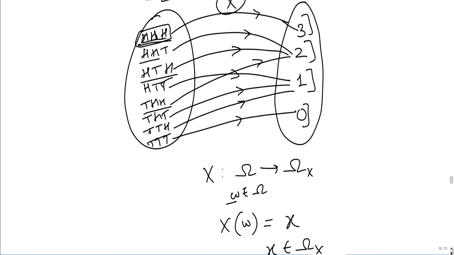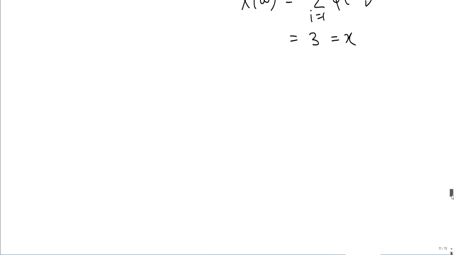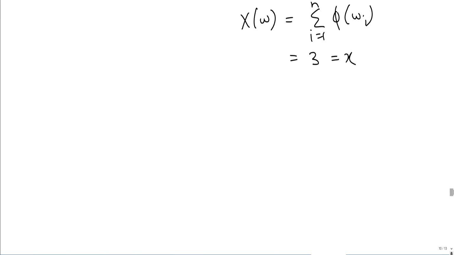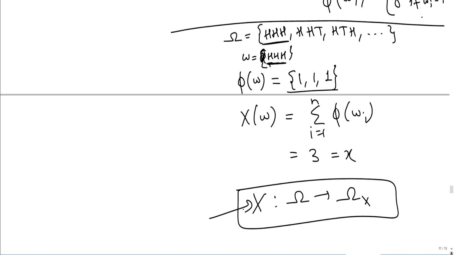So, I have shown how you can write the function mathematically, but intuitively what it means is that you are counting the number of heads. You can have a different function that just counts the number of tails. This function X which maps omega to omega x, this function X is called a random variable.